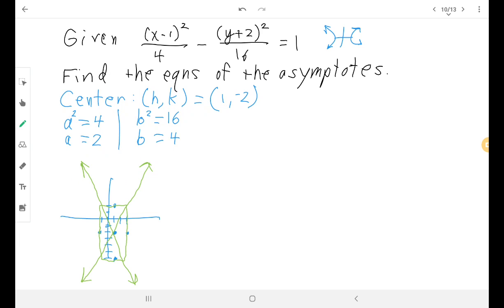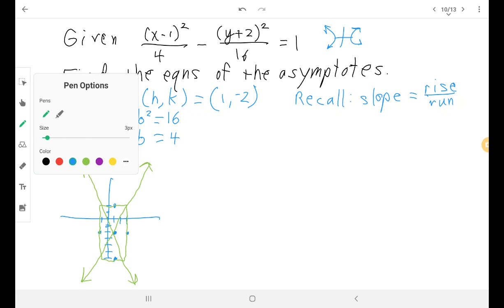So, recall that one of the ways we're able to define slope is the rise over the run.